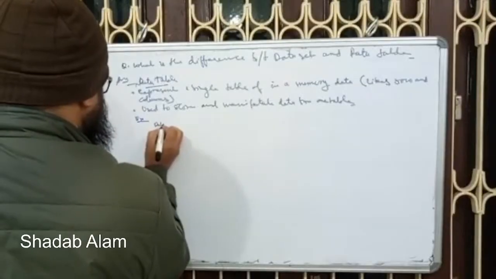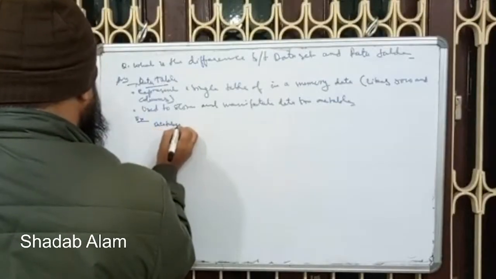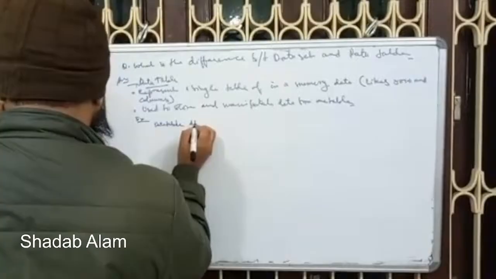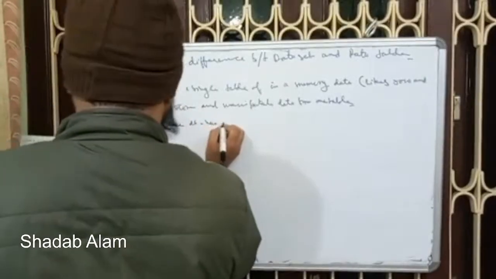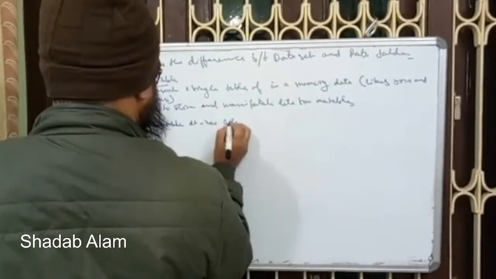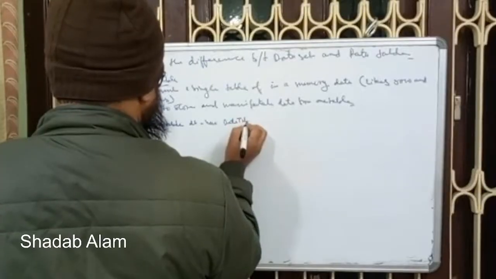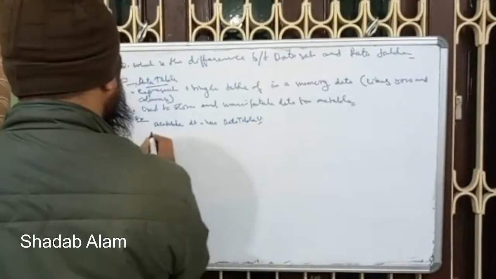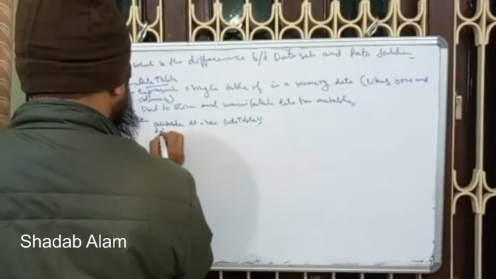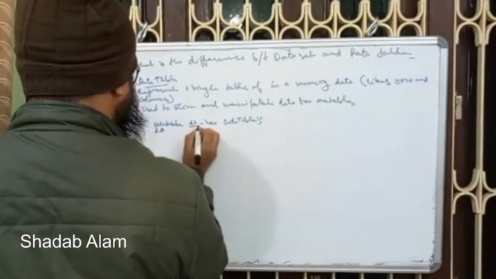Its example is to create the object data table: DataTable dt = new DataTable. Here dt is the object reference.